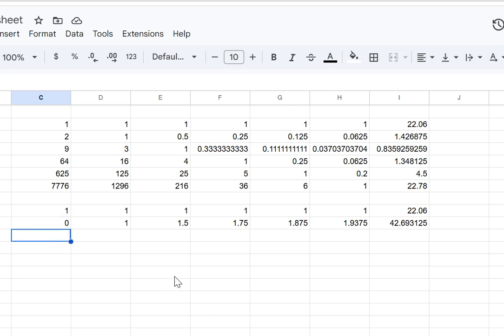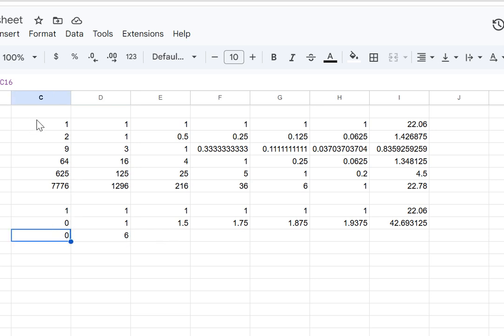So for the third row, I want to set it as equal to 9 times the first row minus the third row. But we run into an issue here because as I drag this over, I want a 0 here still. I want a 0 here and I want a 1 here.